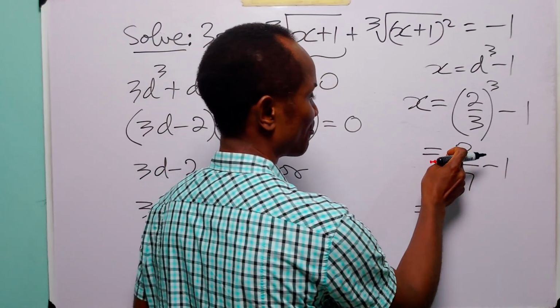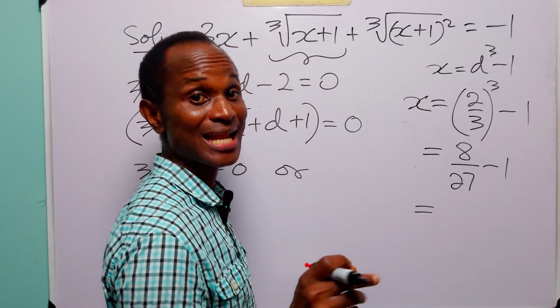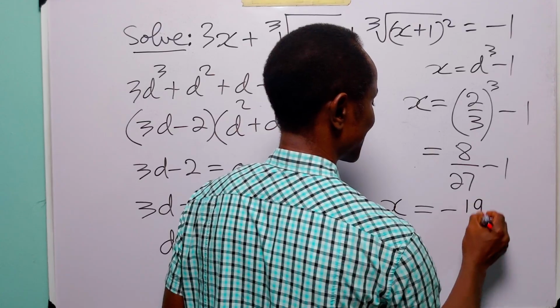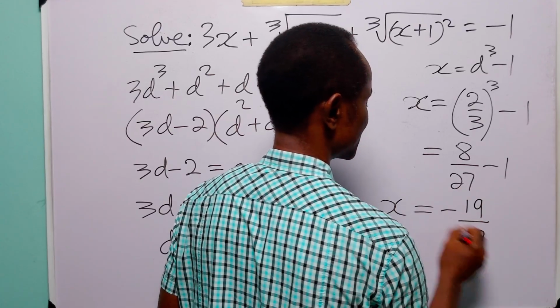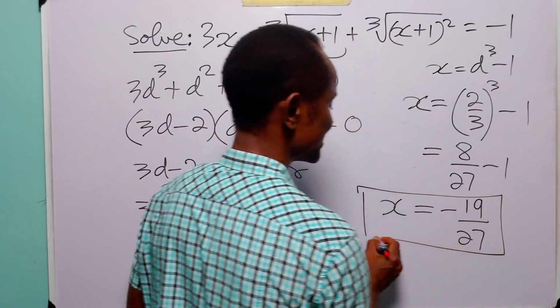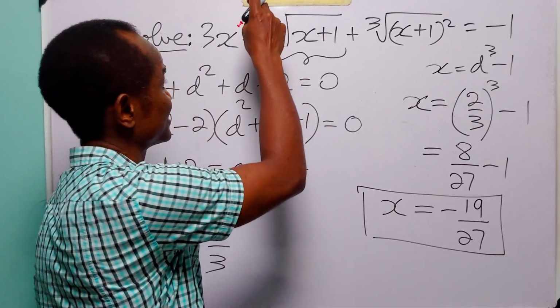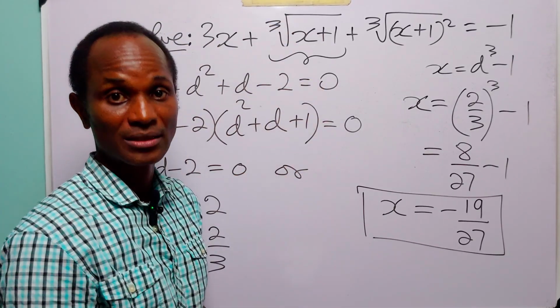Minus 27 plus 8 is minus 19. So x is equal to minus 19 over 27. So this is the value of x that satisfies this radical equation.